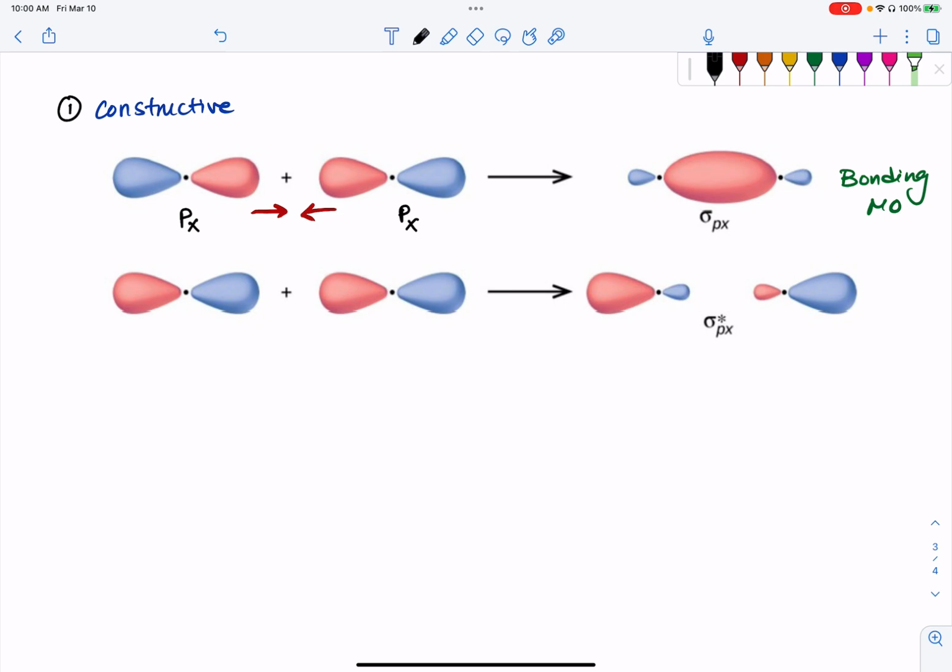And then down here is showing our destructive combination.